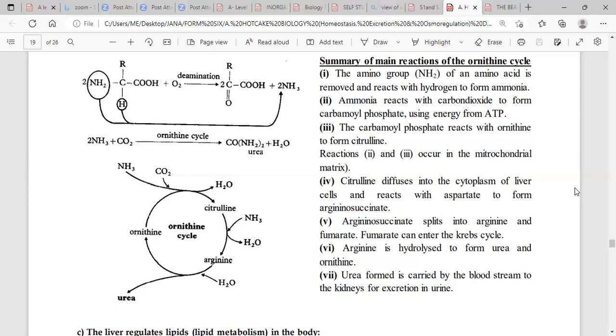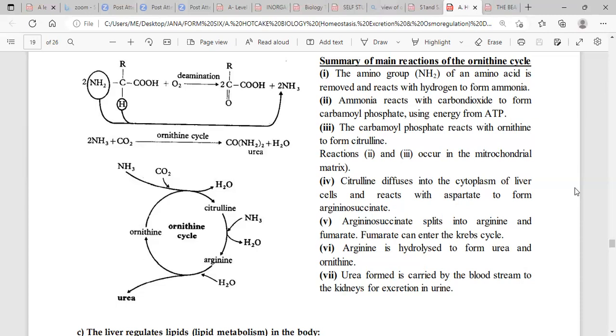Then arginine that has been formed is hydrolyzed to form urea and ornithine, and then it is continuous. The ornithine will again react with the carbamyl phosphate that is formed at the beginning when ammonia reacts with carbon dioxide to form carbamyl phosphate using energy from ATP. So there is an addition of a phosphate group. That is why you have carbamyl phosphate.